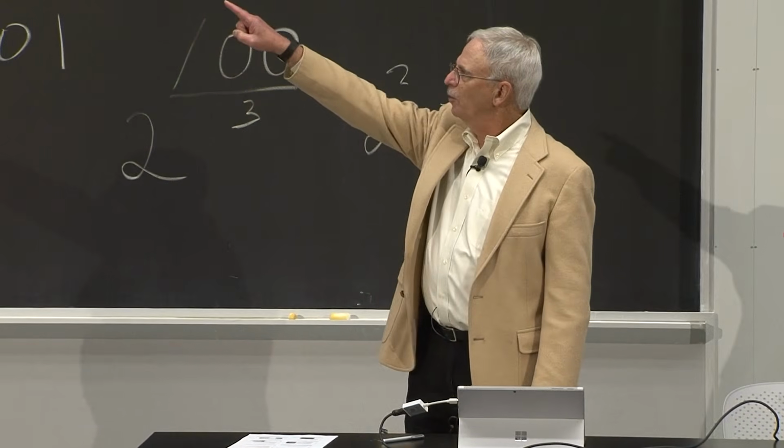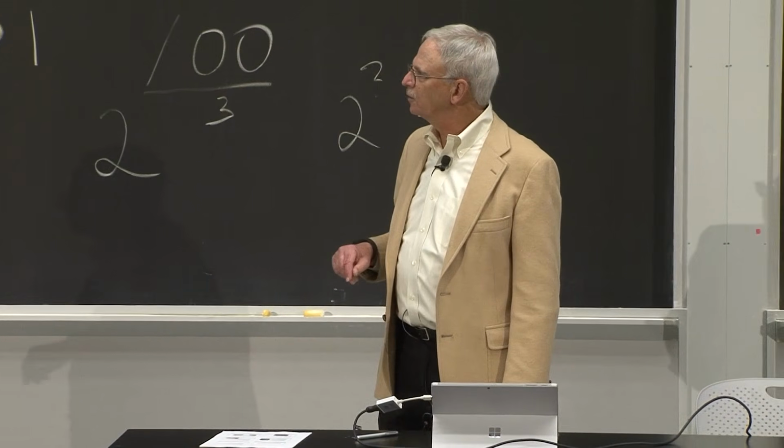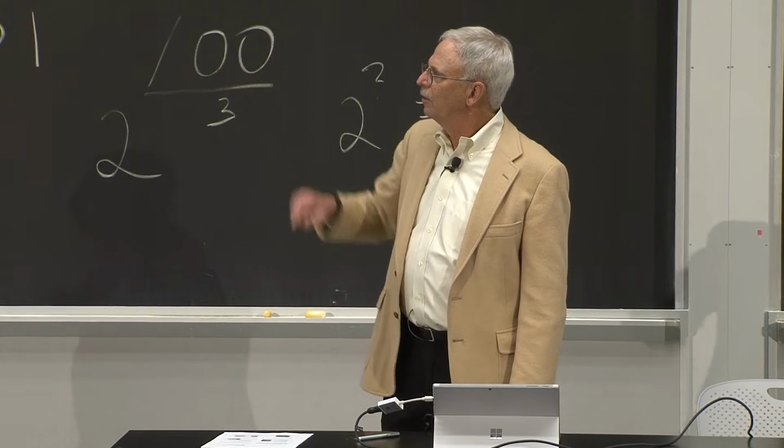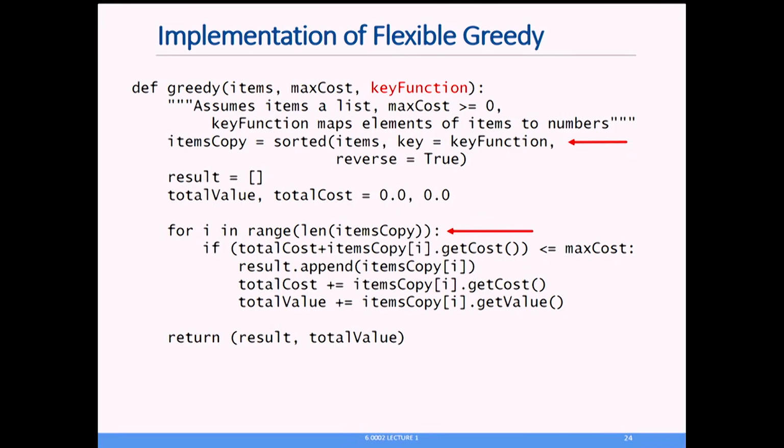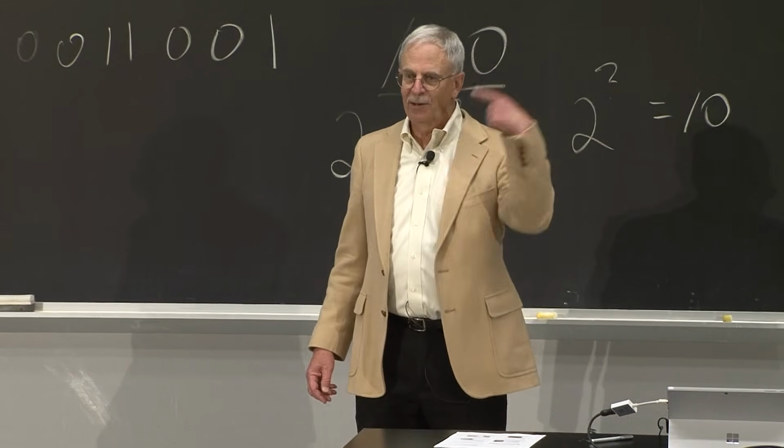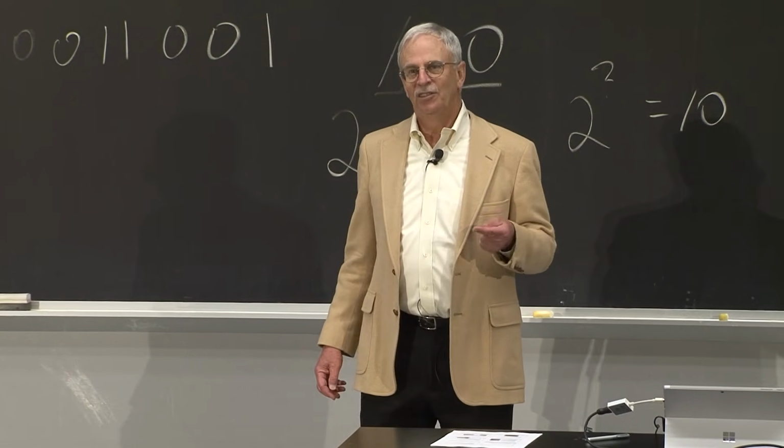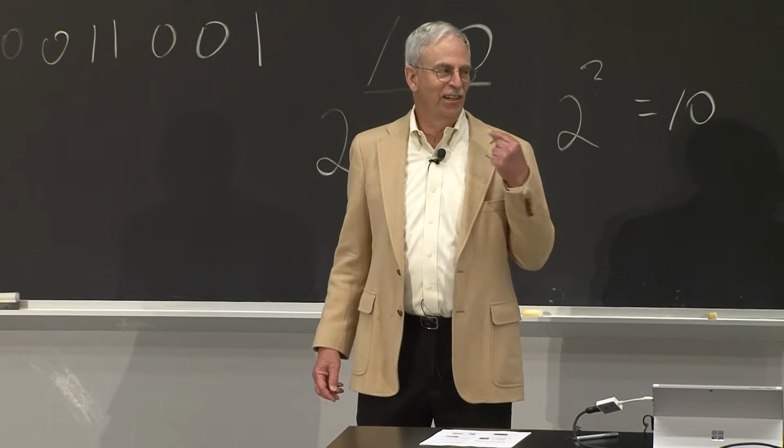So I'm going to come in, I'm going to sort it from best to worst. And then for i in range len of itemsCopy, I'm being good. I've copied it. That's why I use sorted rather than sort. I don't want to have a side effect in the parameter. In general, it's not good hygiene to do that.